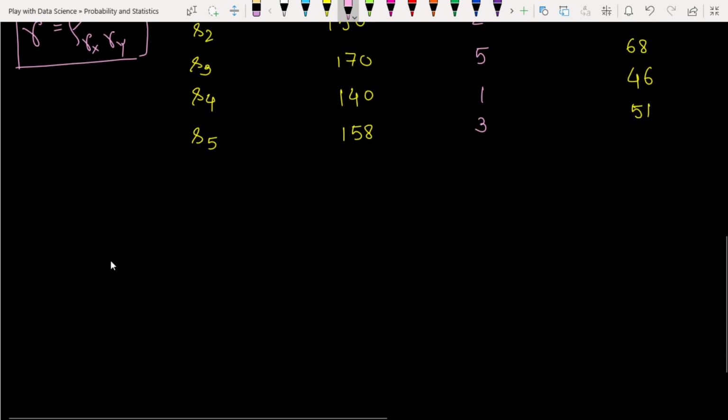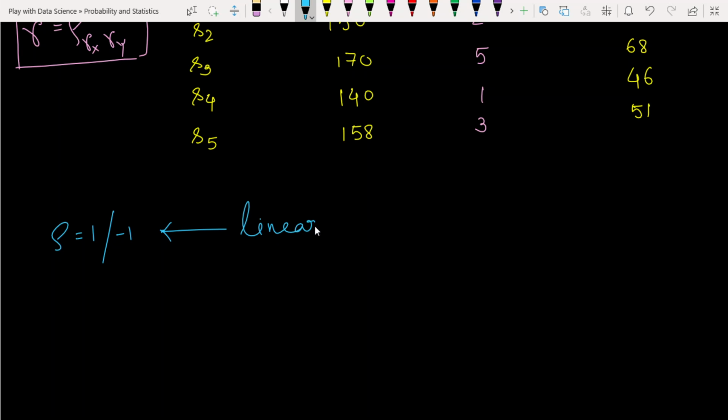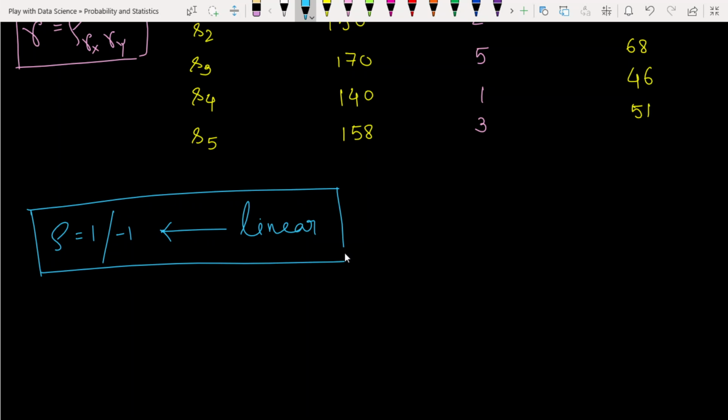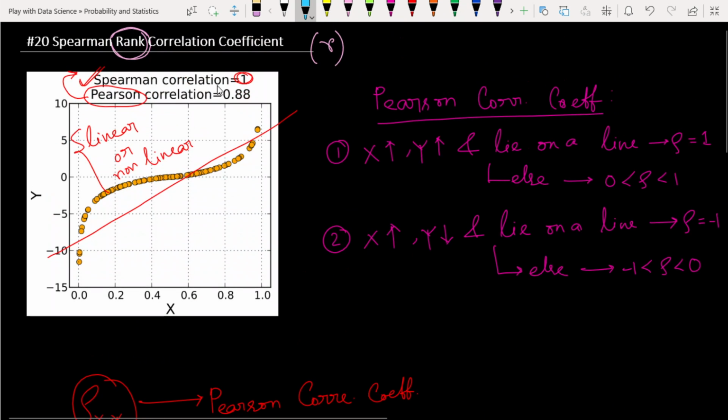So if the value is 1 or -1, then we can conclude that these data are linear. Here rho xy refers to the Pearson coefficient, and these things are denoted by r.